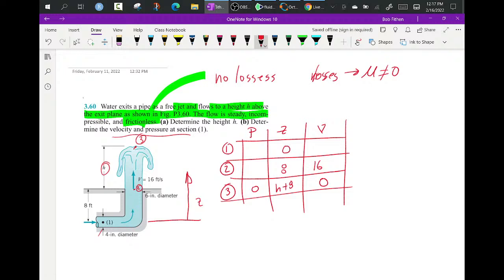and location 1. So I know the heights here. It's told me the velocity here.